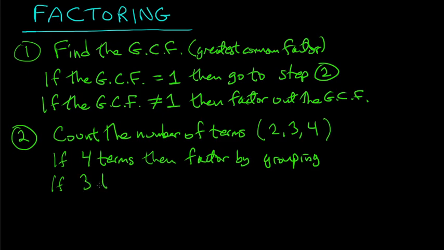If there are 3 terms, then this gets to be a little tricky because you have a choice, right? There's 3 different methods that you can use to factor a trinomial, right? So 3 terms means it's a trinomial.